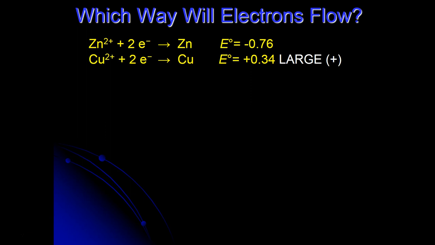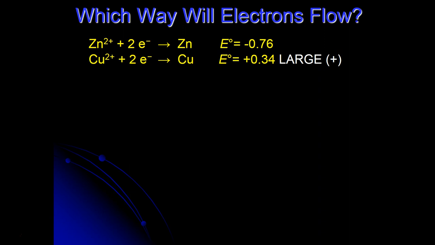Now remember our old example with our zinc and our copper. We had our two half reaction potentials. Now we take a look at those half reactions and we notice right away that for zinc, the reduction has a negative cell potential. That means in relationship to the copper, it's not going to happen in that direction.